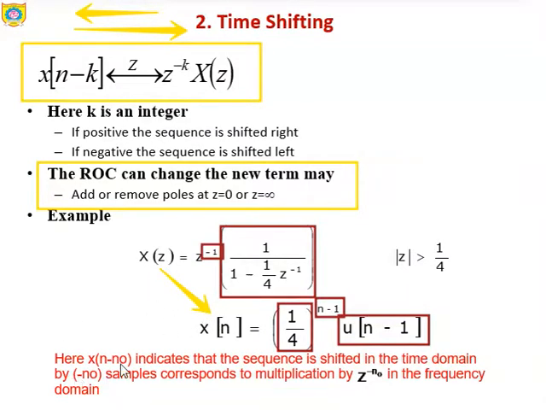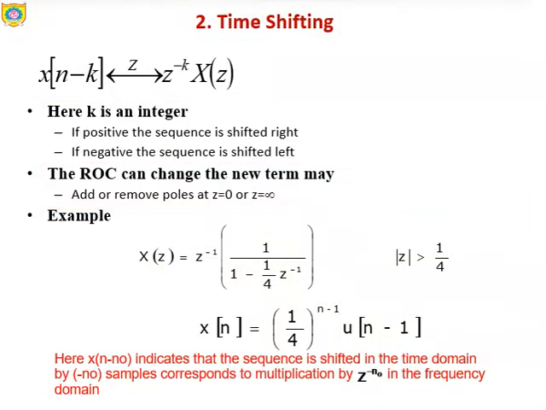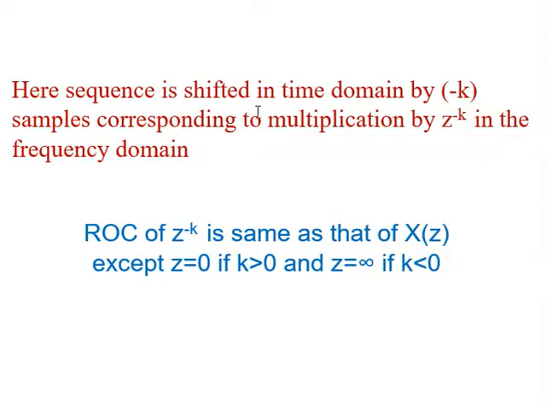So let's see what exactly the conclusion for this entire property. Here x of n minus n0 indicates that the sequence is shifted in the time domain by n0 samples, corresponding to multiplication by z raised to minus n0 in the frequency domain. So the conclusions can be drawn like this: the sequence is shifted in the time domain by k samples, corresponding to multiplication by z raised to minus k in the frequency domain.